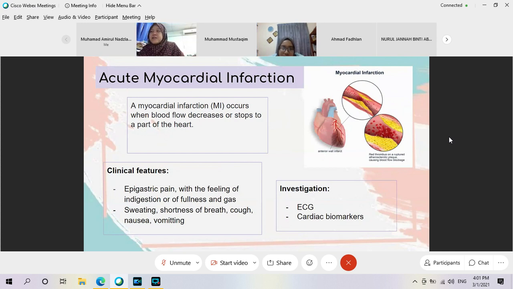Dia ada referred pain to the jaw, radiation of the pain to the left sided chest, arm and jaw kan. And then dia mesti ada, kita panggil autonomic nervous system punya symptoms kan. Right. Sweating. So it's sweating and all that.